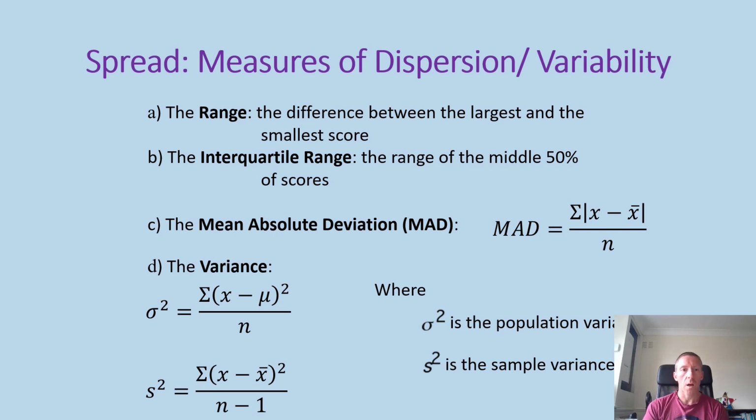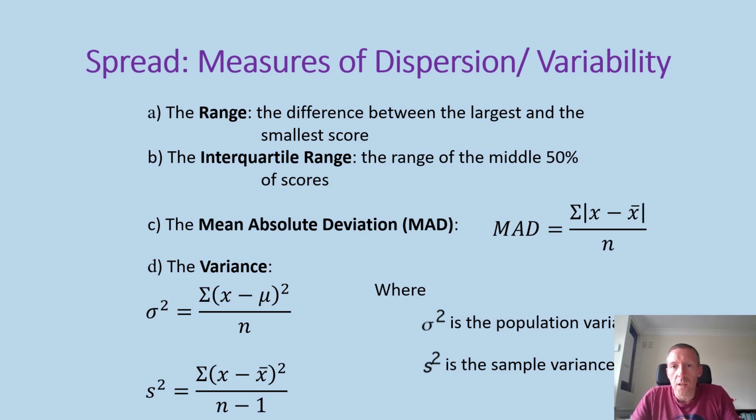Okay, an interesting one that you don't hear talked about much is what's called the mean absolute deviation, or the MAD. You can see the formula for it there on the right of the slide. So you basically work out the mean for your data set, and then you subtract the mean from every score and divide by how many data points you have in your sample.